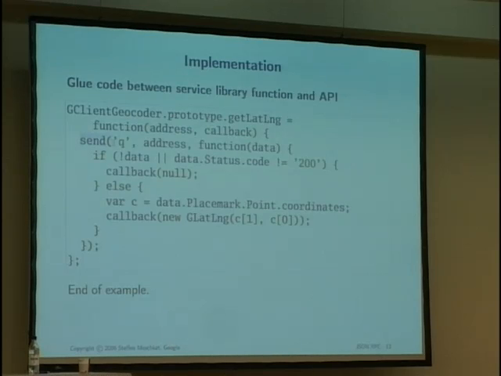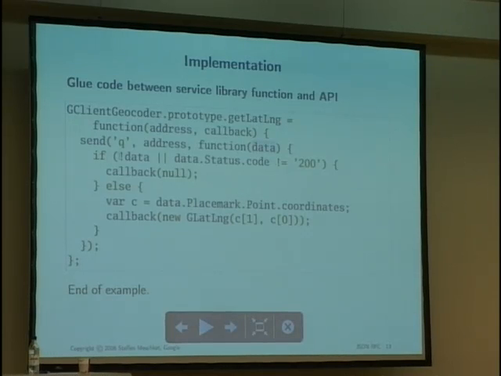And we just pass this on to this generic send function. I explained earlier that we send the address using the q query parameter of the URL. So we pass in as the name q, which is this q URL parameter, and as the value for it the address. And as a callback function, we pass in a function that receives this data.